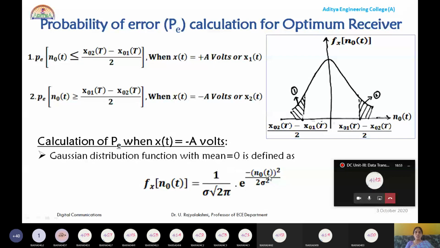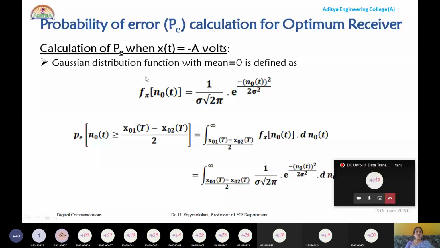Here m is 0, so directly we represented x. X is the signal itself, that is the noise component. So n naught of t minus m, but m is 0, mean is 0. So directly I represented minus of n naught of t whole square divided by 2 sigma square, where sigma square is the variance and sigma is the standard deviation.